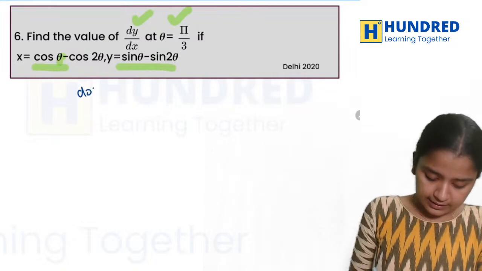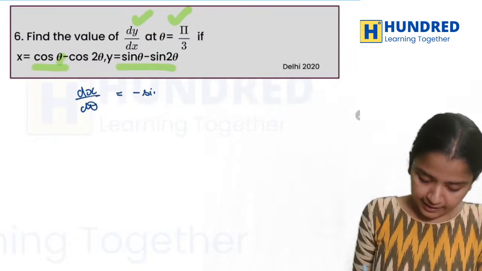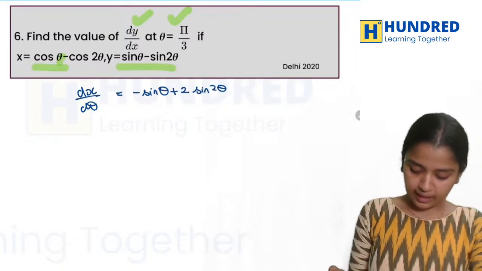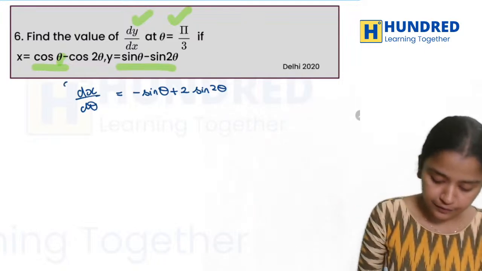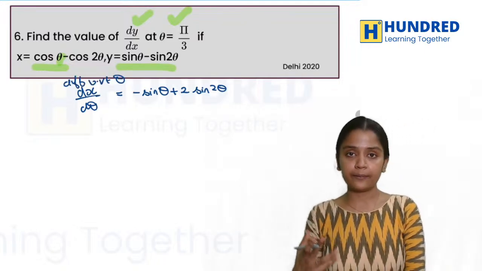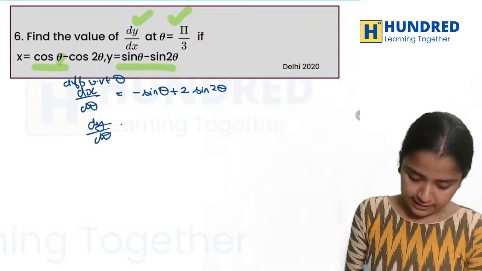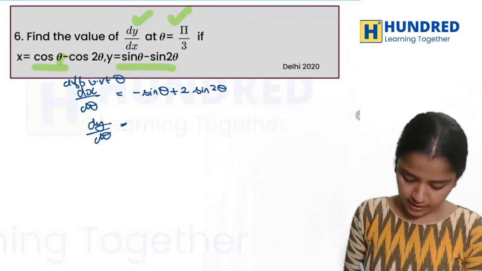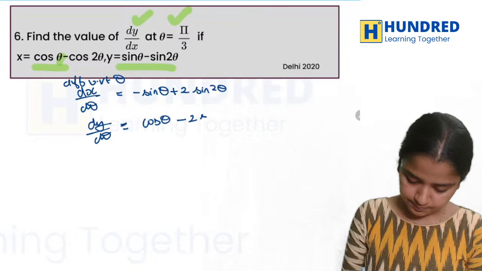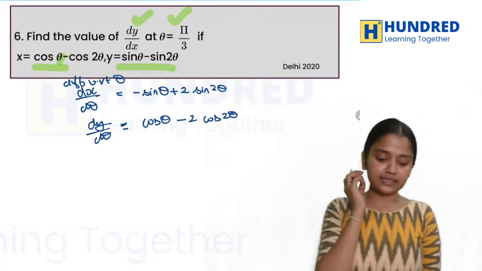Now I'm having dx by d theta, which is minus sin theta plus 2 sin 2 theta, because I'm differentiating with respect to theta. Similarly dy by d theta will be cos theta minus 2 cos 2 theta.